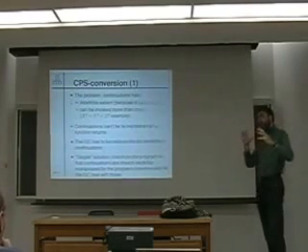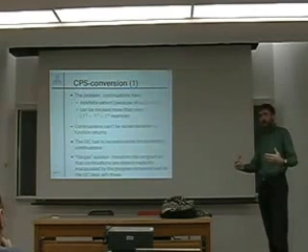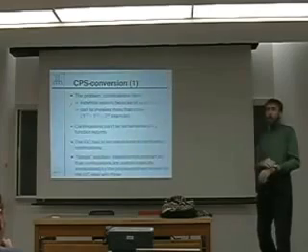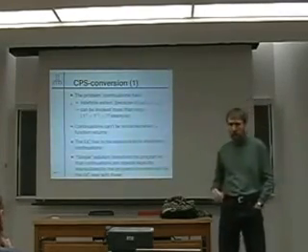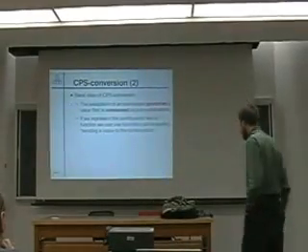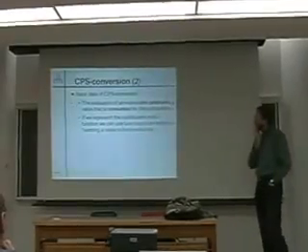So if we find a way of actually representing the implicit continuations of the program, making them explicit with closures, then the problem goes away, because then it's the problem of the garbage collector to reclaim these objects. So that's sort of the basic approach here. So how can we do that?